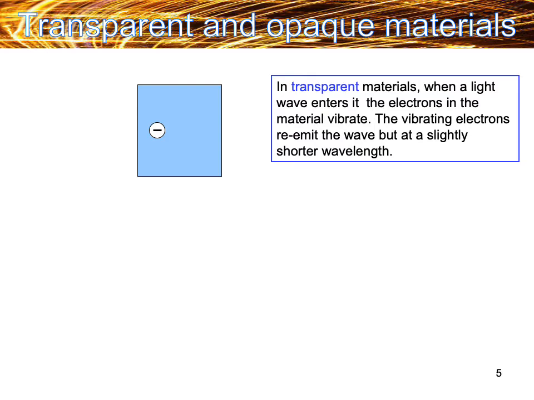And when the light enters those transparent media, electrons inside each atom vibrate because, you remember, light has an electric component, right?